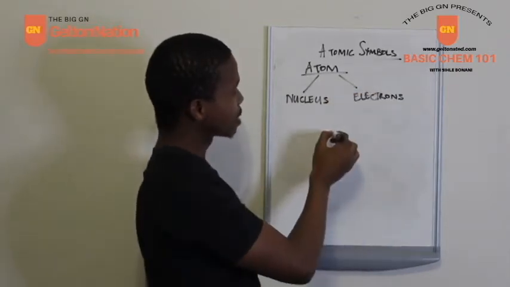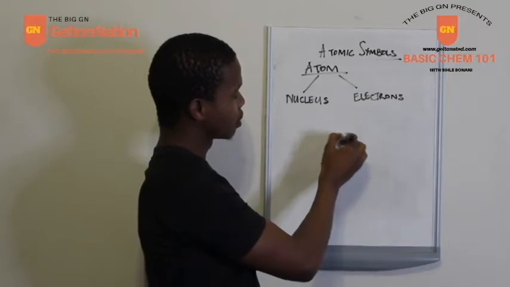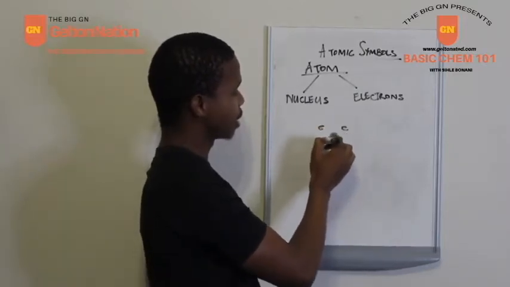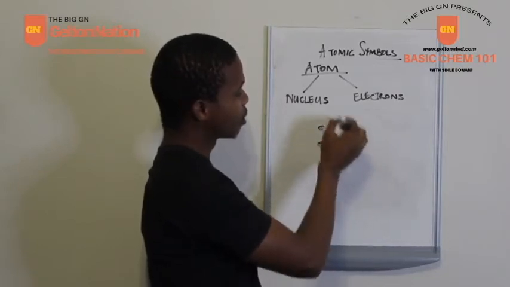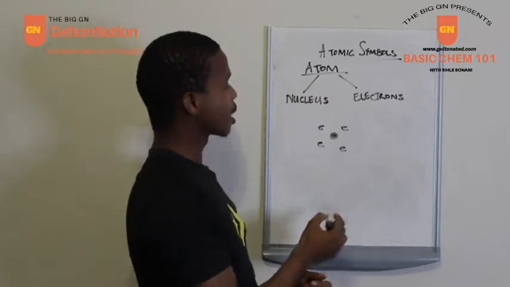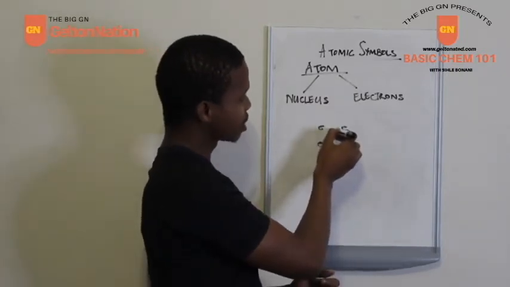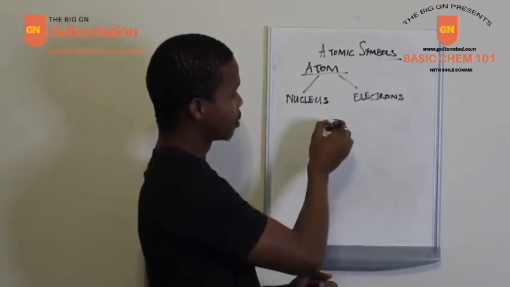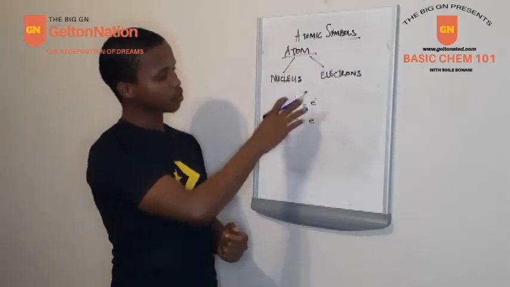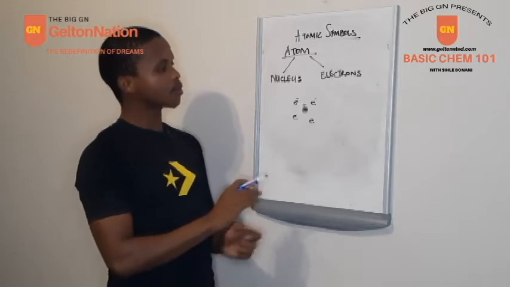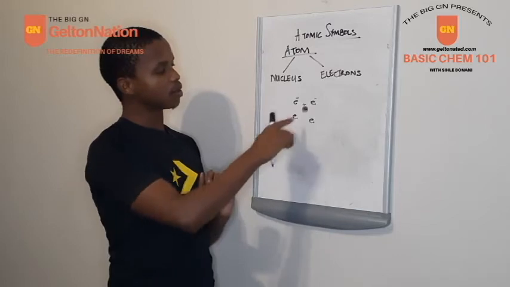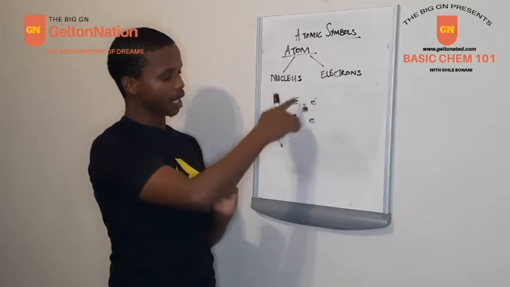So your nucleus is the central core of an atom, and then around atoms you find one or more or many electrons which are situated around. Now the nucleus is positively charged and your electrons are very light particles which are negatively charged. So an atom on its own is divided into two particles, which is your nucleus and your electrons.